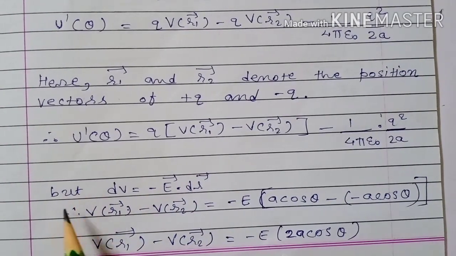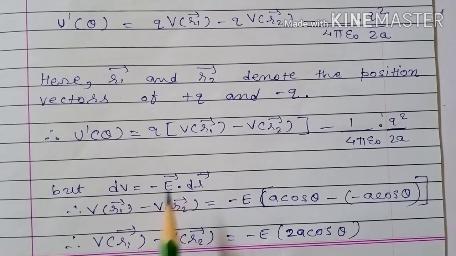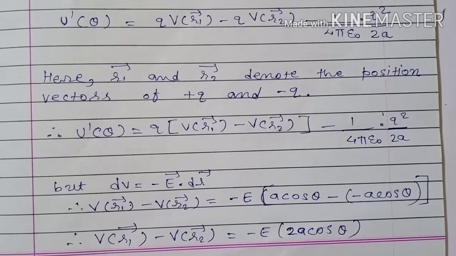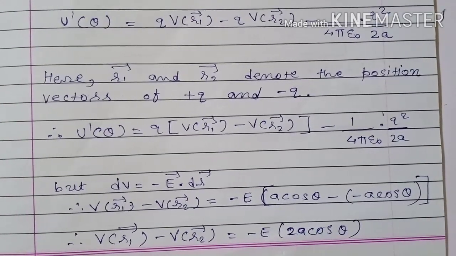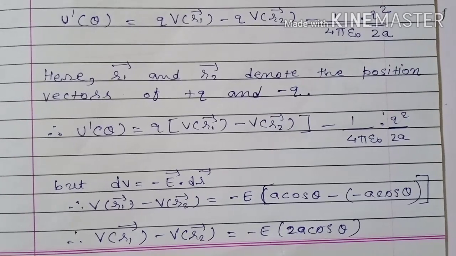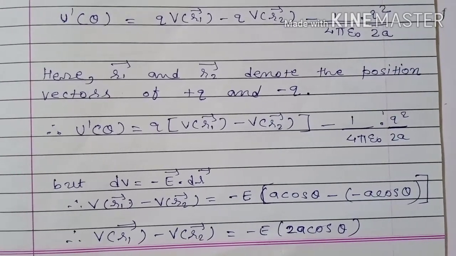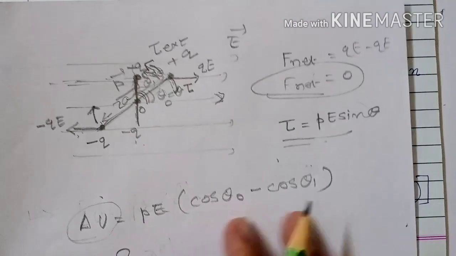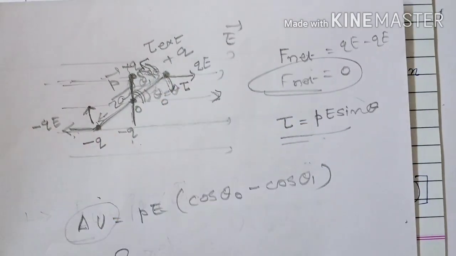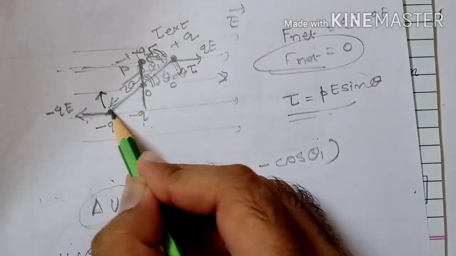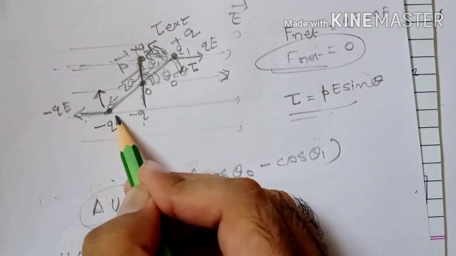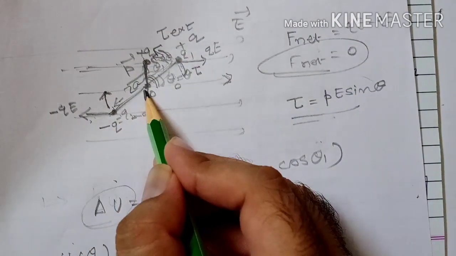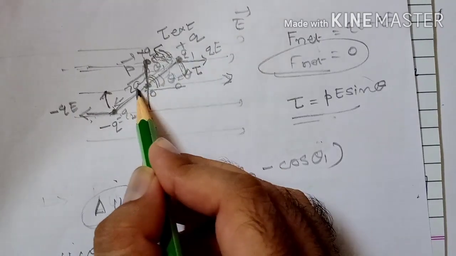But we know the formula of change in potential, that is dV is equal to minus E vector dot dr vector. dV is the change in potential. So this is the change in potential in bringing these two charges Q1 and Q2 from infinity to the given point. Here we are bringing these two charges, plus Q and minus Q, to some point, and both are at particular positions, R1 vector and R2 vector.